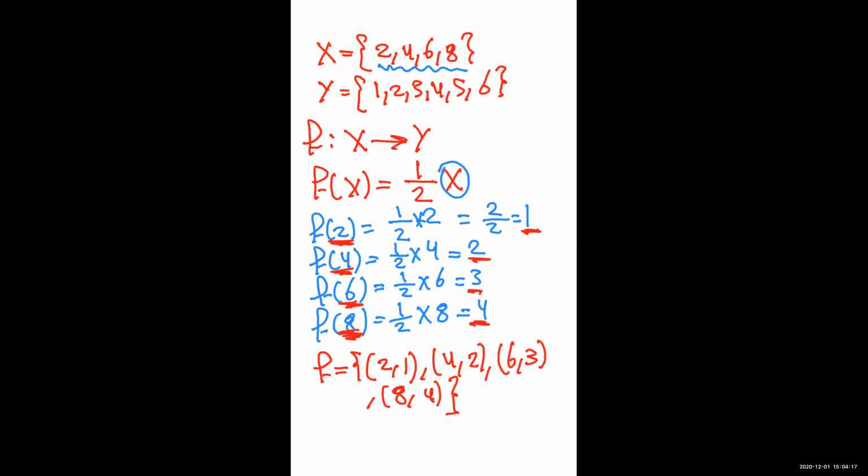Representing this using a Cartesian diagram will be very easy as usual. But now I want to get the range. We said that the range is always the second projection. So 1, 2, 3, 4. The range is equal to the set of 1, 2, 3 and 4.